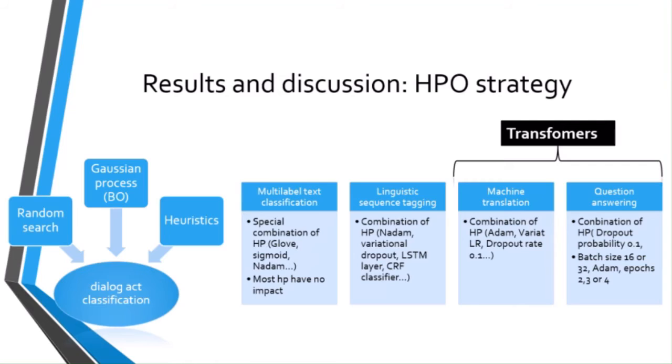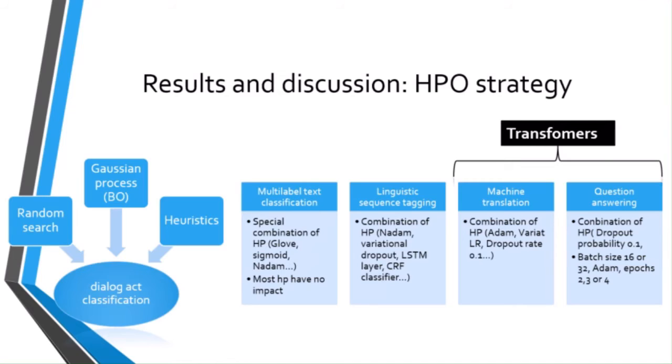In machine translation tasks and under a transformer architecture, like in the paper Vaswani 2017, specific hyperparameter values were chosen, namely Adam as optimizer, a learning rate that varies according to the warm-up steps, which start at 4000, a residual dropout rate of 0.1, and label smoothing of 0.1 as well.